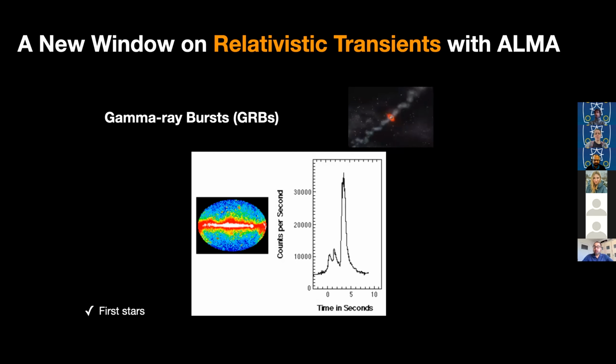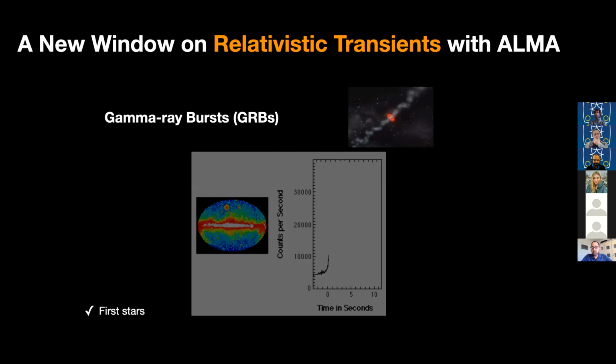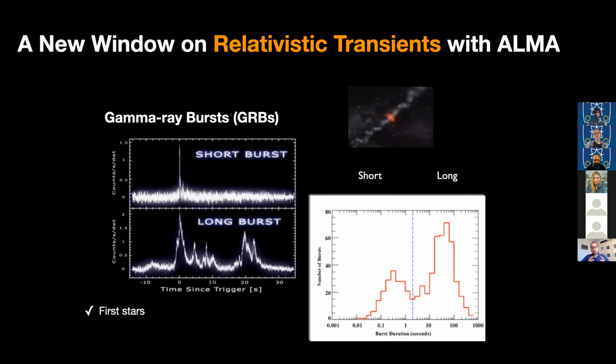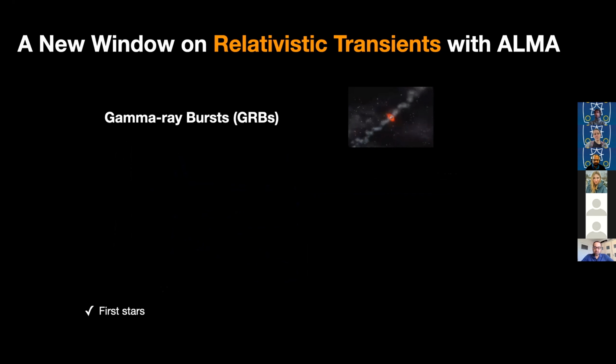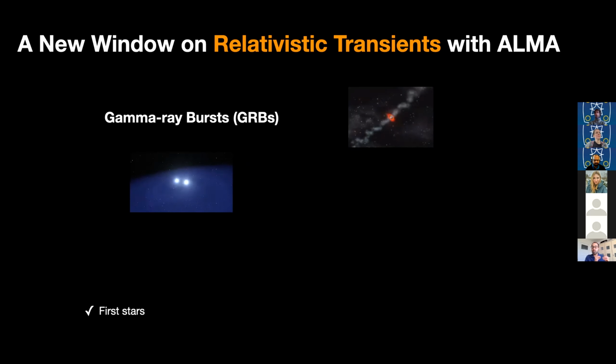We now know that there are at least 2 distinct kinds of gamma ray bursts. Those that come from massive stars seem to have gamma ray flashes that last several seconds, but then there's also a population of bursts that are much shorter, from tens of milliseconds to a fraction of a second. We think that these come from the mergers of compact objects, such as 2 neutron stars or a neutron star and a black hole. These systems are born from binary stars. Each star in that system must originally have been massive enough to enter a supernova.